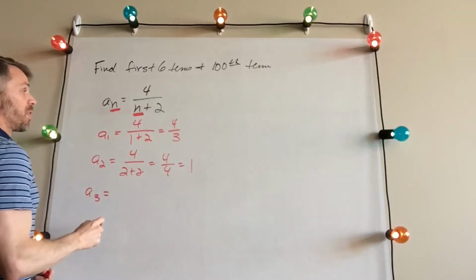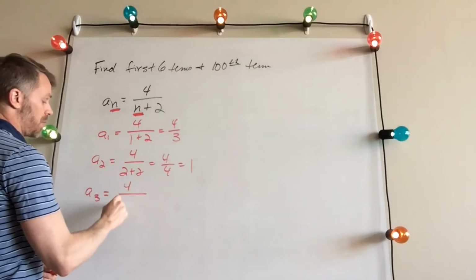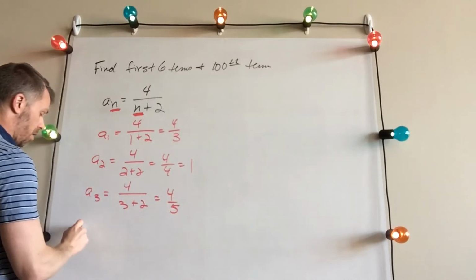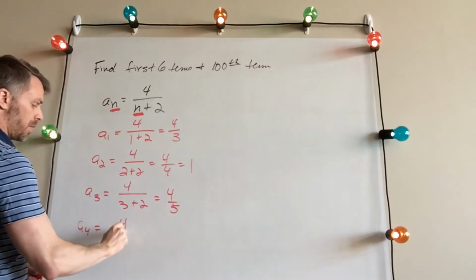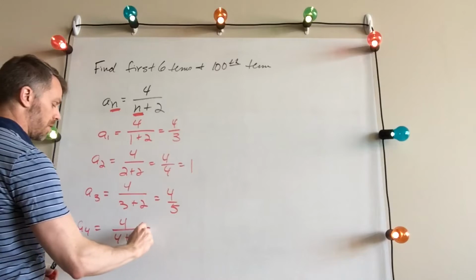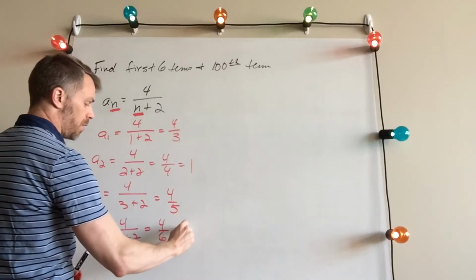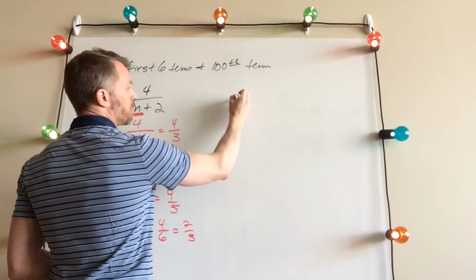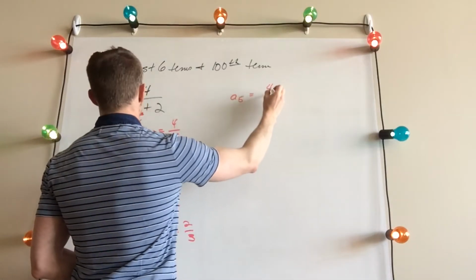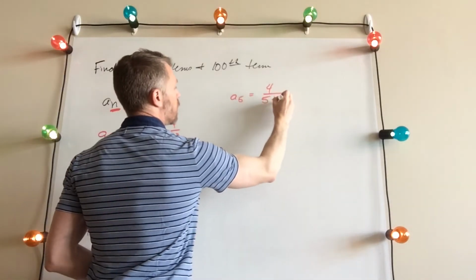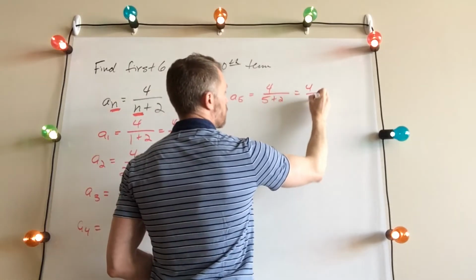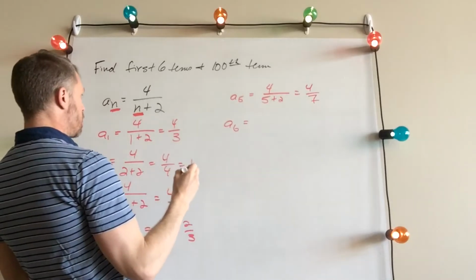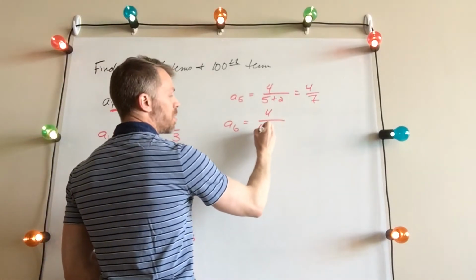Now we're going to put 3 in for the term number. And the fourth term, reduce. Our fifth term, our sixth term, put 6 in for the term number.